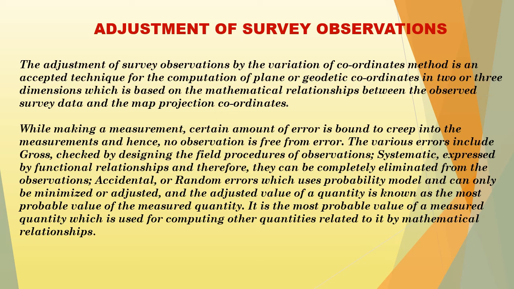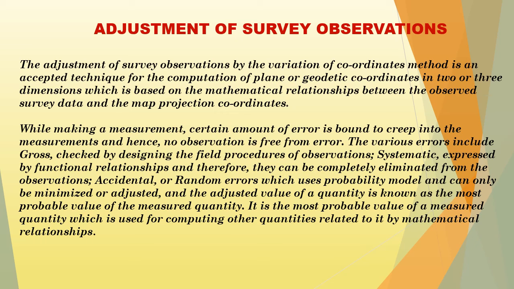While making a measurement, a certain amount of error is bound to creep in, and hence no observation is free from error. The various errors include gross error, which is checked by designing the field procedures of observations; systematic error, which is expressed by functional relationships and therefore can be completely eliminated from the observations; and accidental or random errors, which use the probability model and can only be minimized or adjusted.